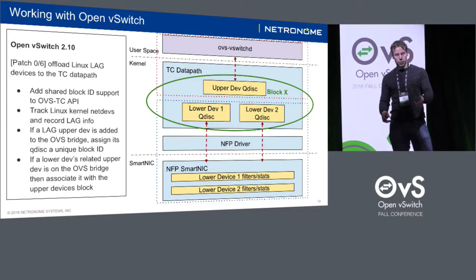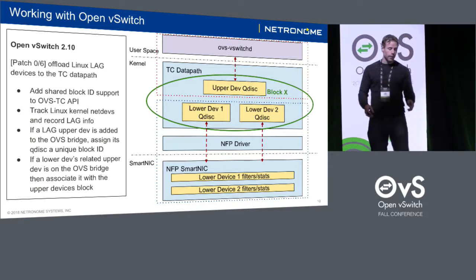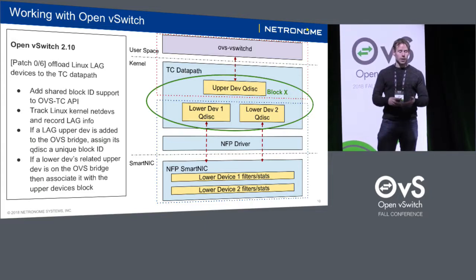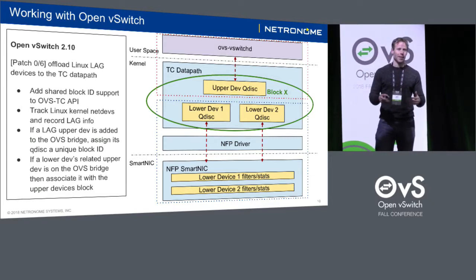When that's passed up to the QDisk in the TC data path, because it has updated the stats for that rule, it updates them within the entire block. So effectively, the stats on the upper device will never be updated directly, as a packet will never hit the upper device. But because we're updating the lower devices, it automatically updates the upper device, and that's all that OVS sees.